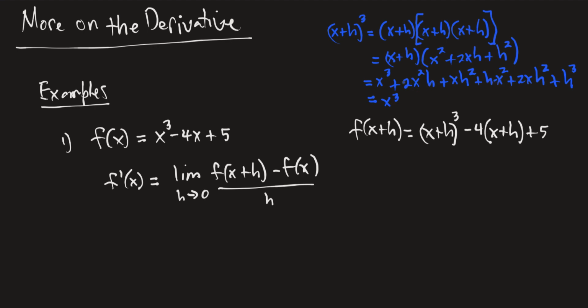And I have 2 of them here, and I have one more here for a total of 3. So I'll write this as 3x squared h. And also take a look at this. We have 1xh squared and then another 2xh squared for a total of 3xh squared. And then all we're left with now is the plus h cubed.